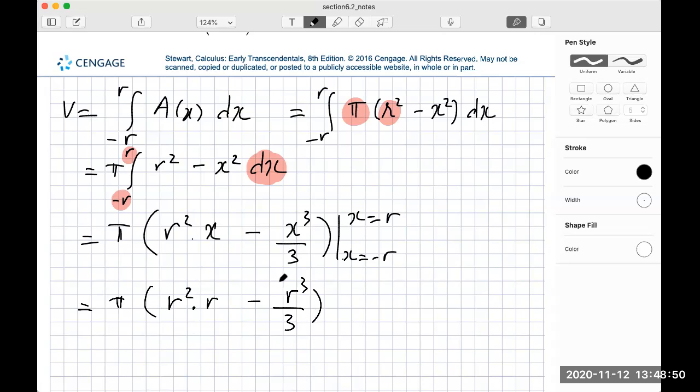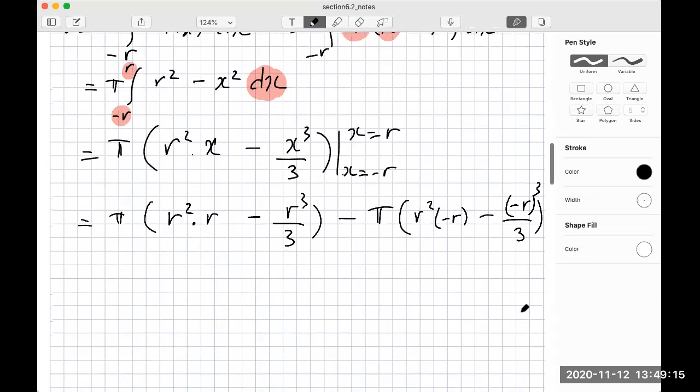That is the value of the upper limit. The same story, minus pi, the lower limit here is negative R, right? So it will be R squared times negative R, minus negative R cubed over 3.